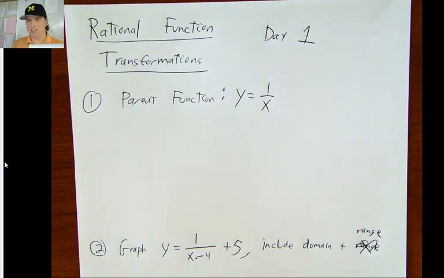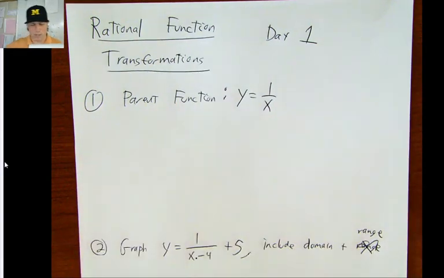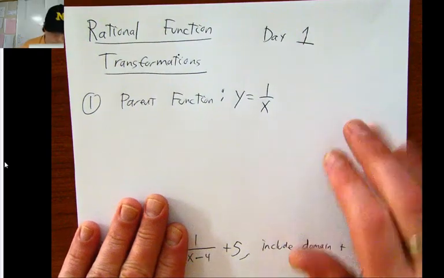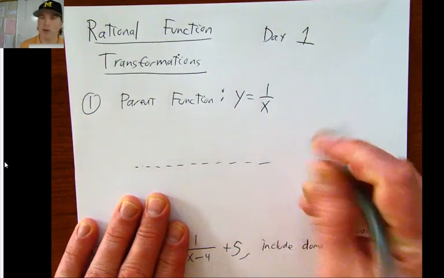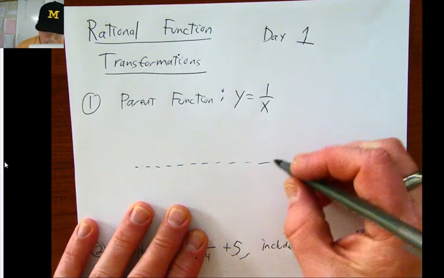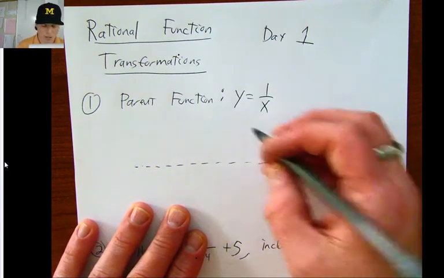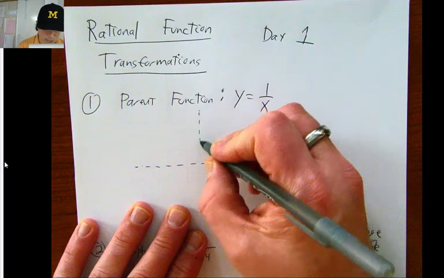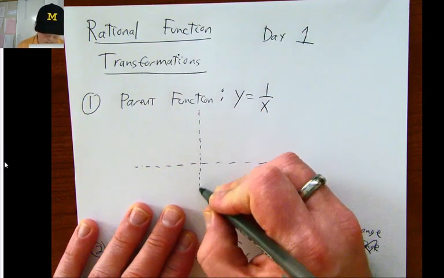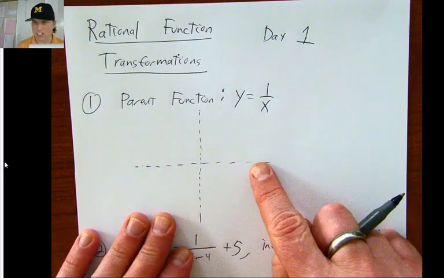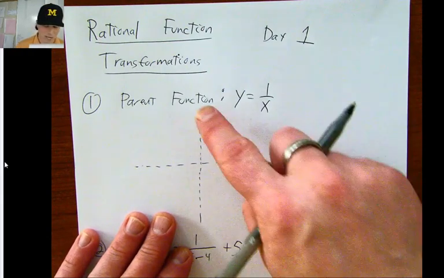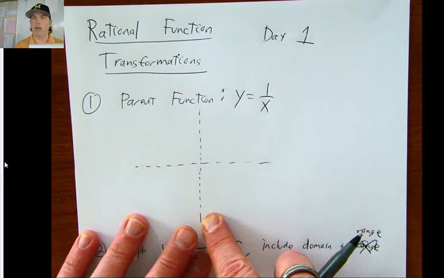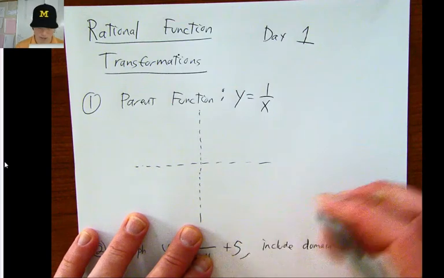But the whole purpose of this investigation is to figure out what this parent function looks like. And now we're pretending that we've already done the investigation, and this is what it looks like. This particular parent function has two asymptotes, both a horizontal asymptote, like we saw when we graphed 2 to the x, and a vertical asymptote, like when we graphed y equals log of x.